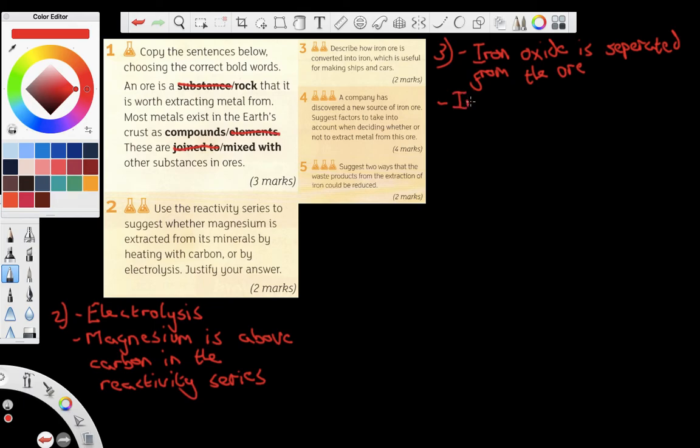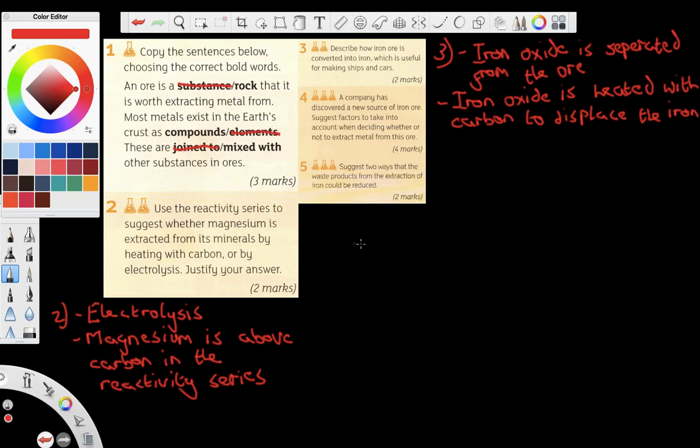So iron oxide is heated with carbon or reacted with carbon to separate the iron or to displace the iron. Okay.